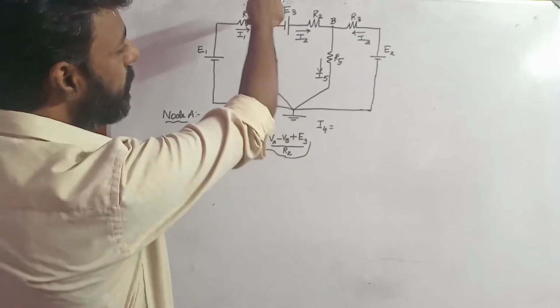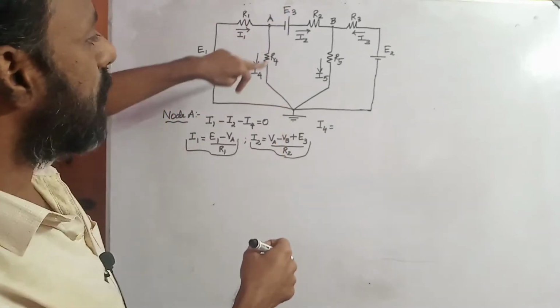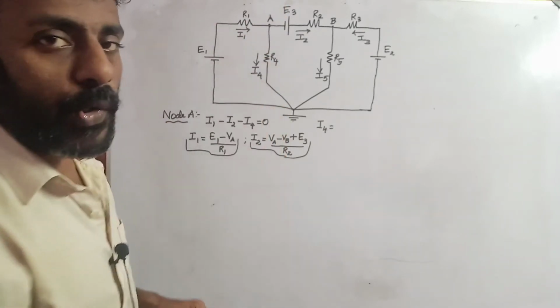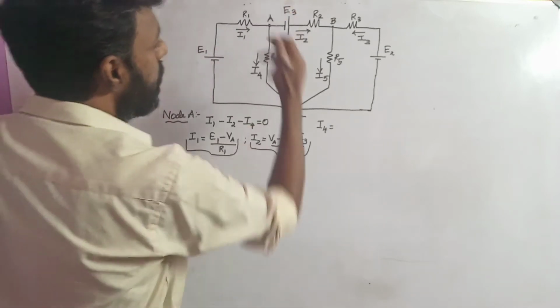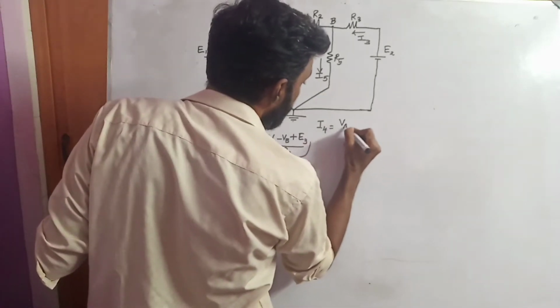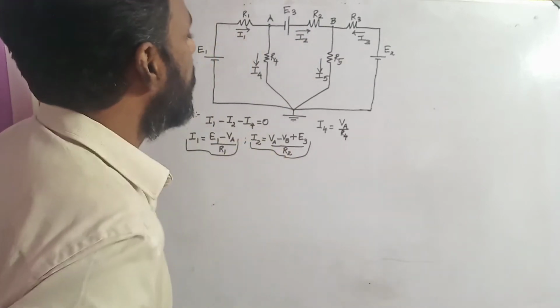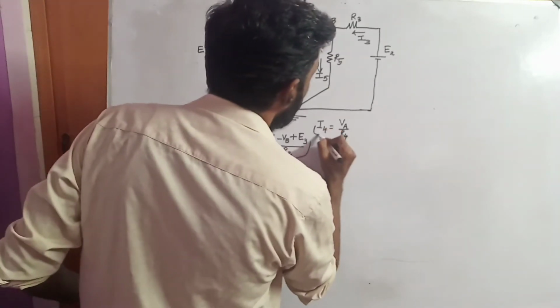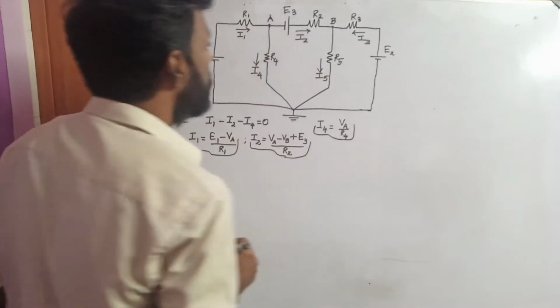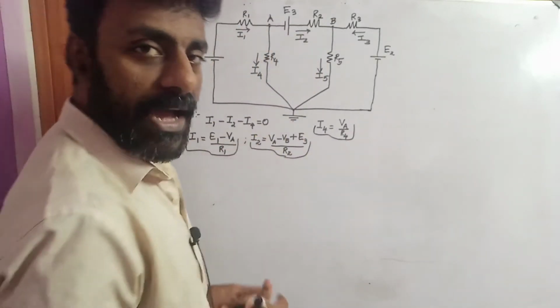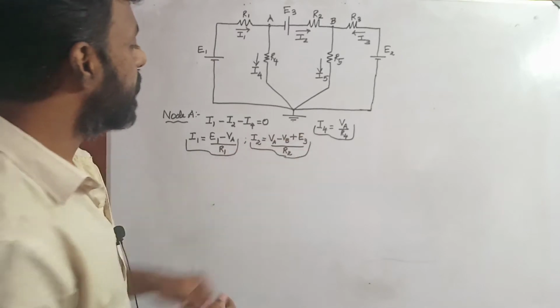So the ratio between the voltage VA and the resistor R4 will be the value of I4. Therefore I4 will be VA divided by R4. So I have found the value of three parameters, that is I1, I2 and I4.